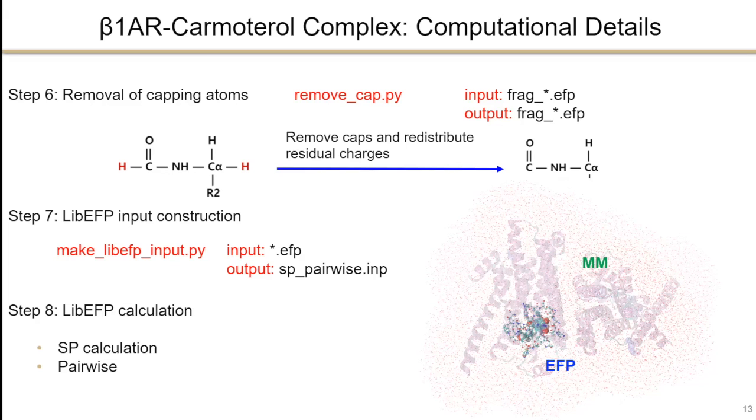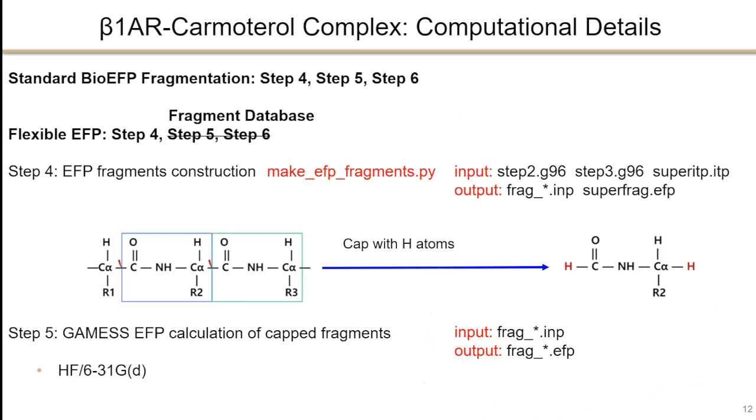I want to go back a little to mention that step 4, step 5, and step 6 are part of work we have done before in our group, called BOEFP fragmentation, which refers to the way we're cutting the polypeptide chain. Also, there is another application called flexible EFP that will skip step 5 and step 6 if you have a database of fragments.